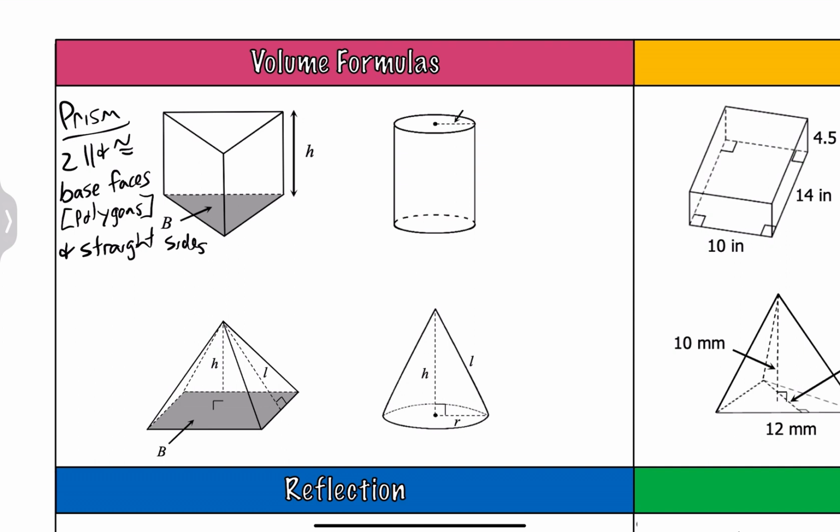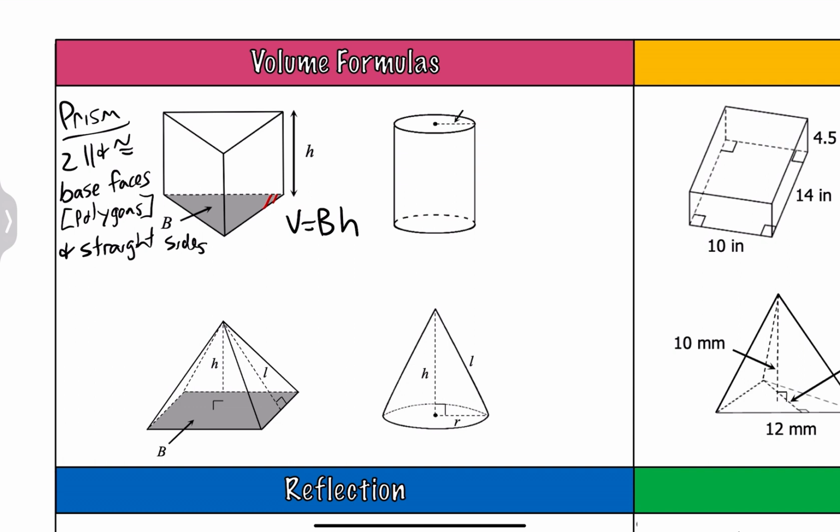So, the base can be literally any type of polygon under the sun. It can be a weird shape as long as the other side matches it. So keep in mind, all of them are going to follow the same basic idea, which is volume is going to equal the area of its base times its height.